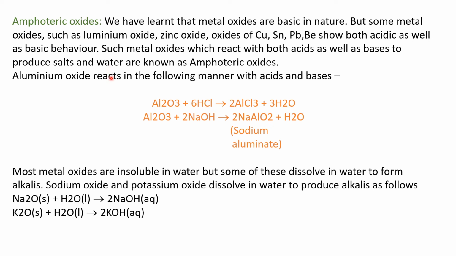Aluminium oxide reacts in the following manner with acids and bases. Al2O3, that is aluminium oxide, when it combines with hydrochloric acid, forms AlCl3, aluminium chloride, along with formation of a water molecule.